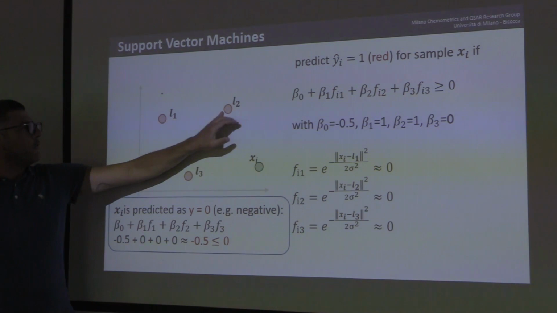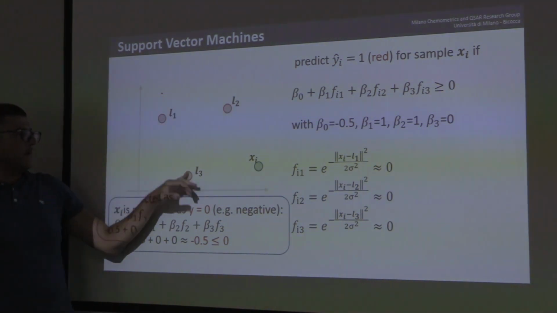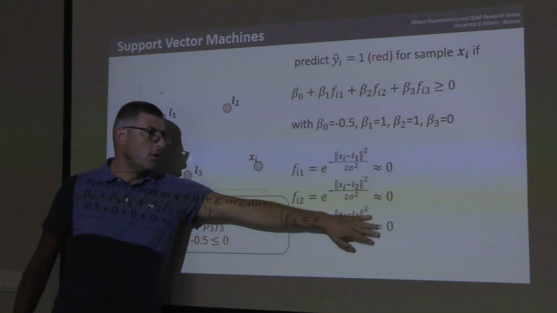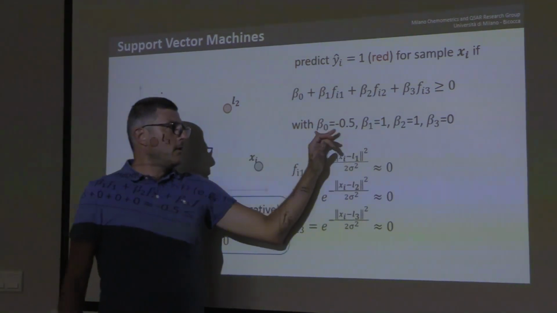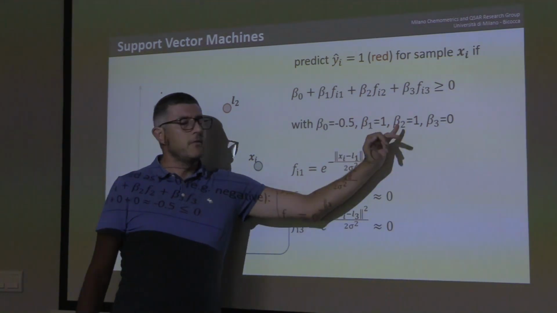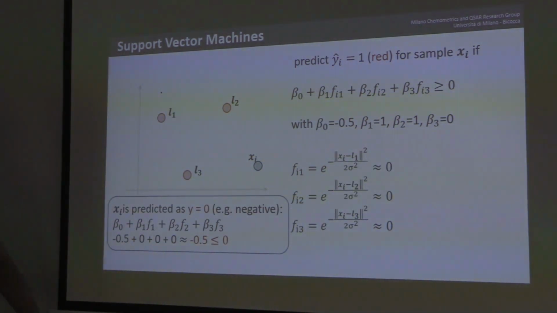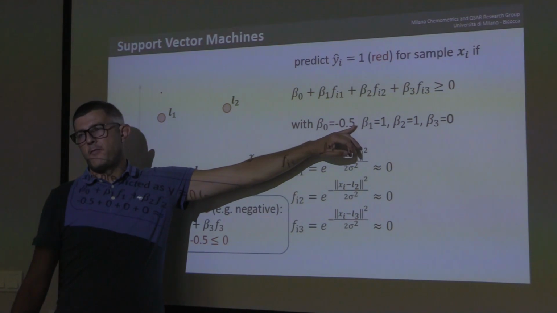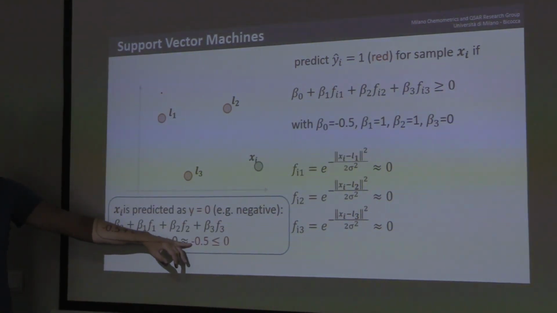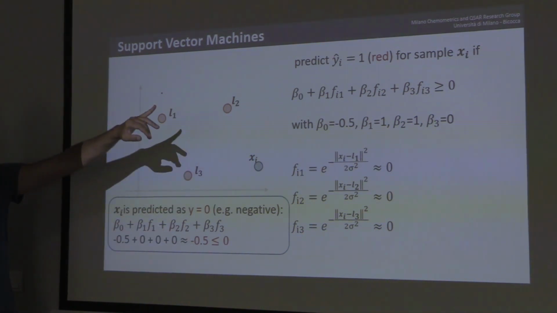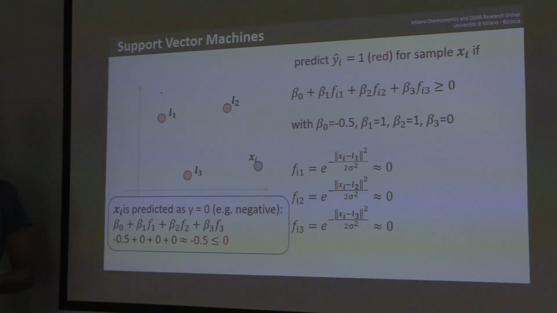The similarity with respect to all the landmarks, let's say, will be very low, close to 0. So the linear combination in this case will be equal to minus 0.5, right? So I will predict this sample as not in the red class, but in the blue class, the other class.